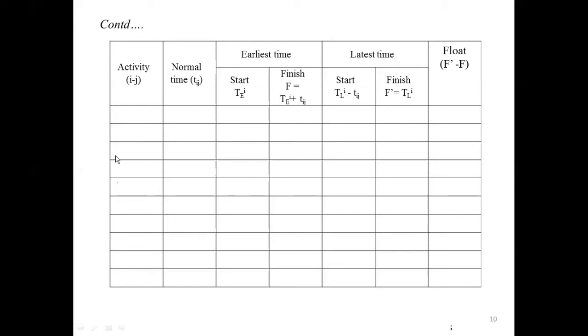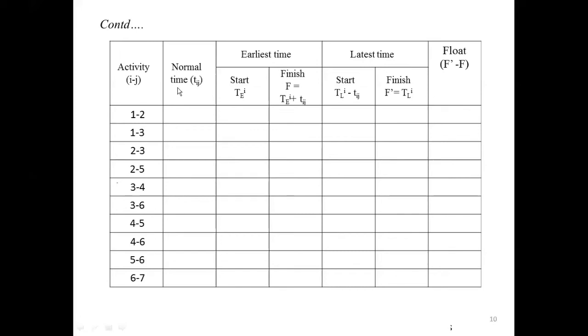Whatever activities are given, you have to enter in this column. You have activities 1-2, 1-3, 2-3, 2-5, 3-4, 3-6, 4-5, 4-6, 5-6, and 6-7. These are given in the problem. Whatever activities are given between each node, you need to enter in the same order.